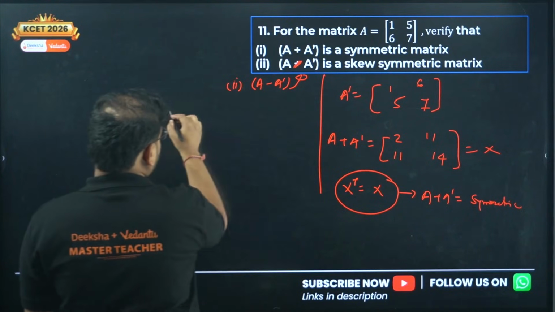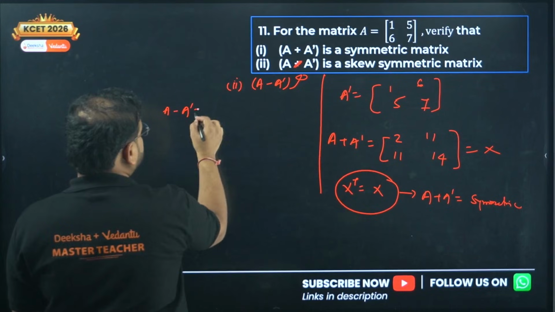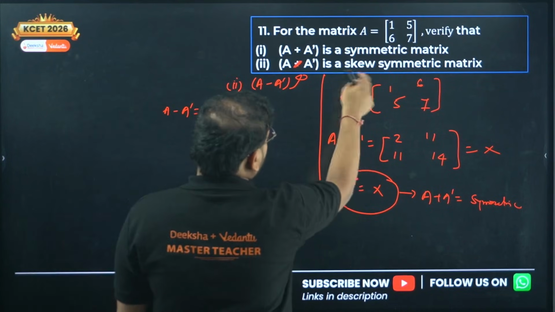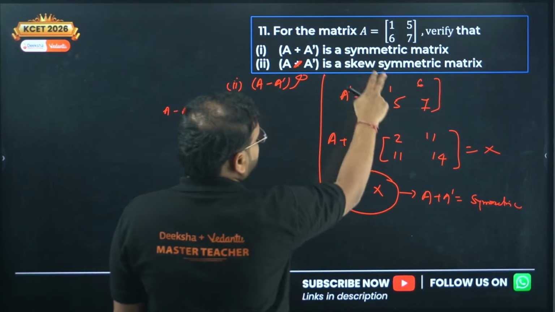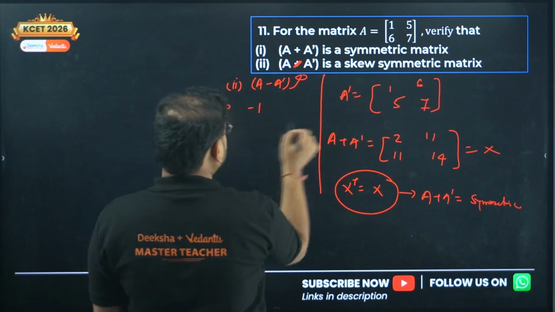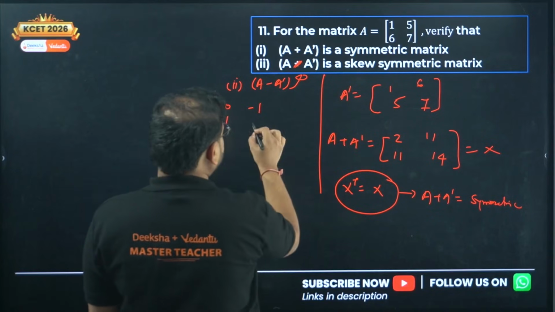So subtract these two. We'll have A minus A dash as 1 minus 1 is 0, 5 minus 6 is minus 1, 6 minus 5 is 1, and 7 minus 7 is again 0.